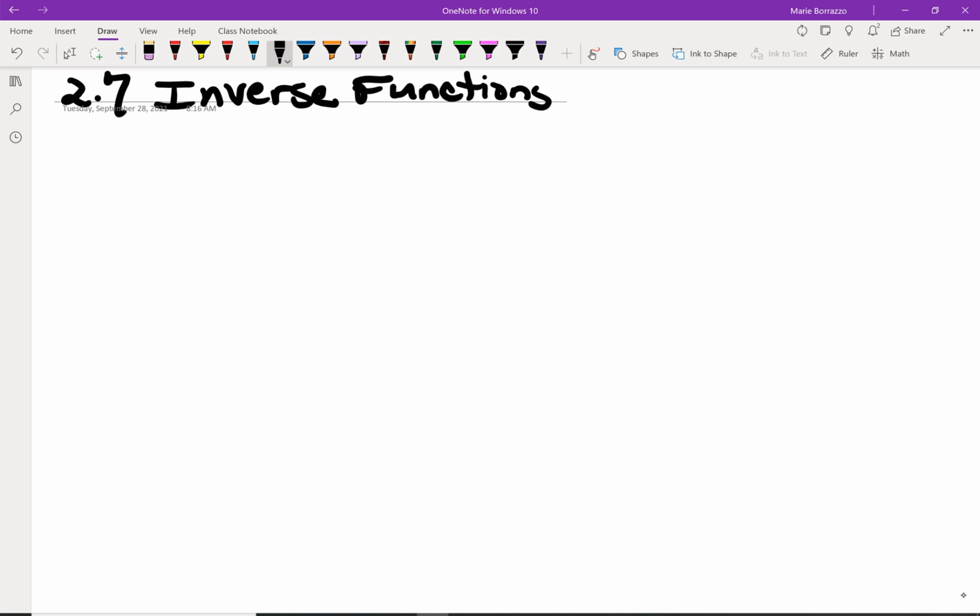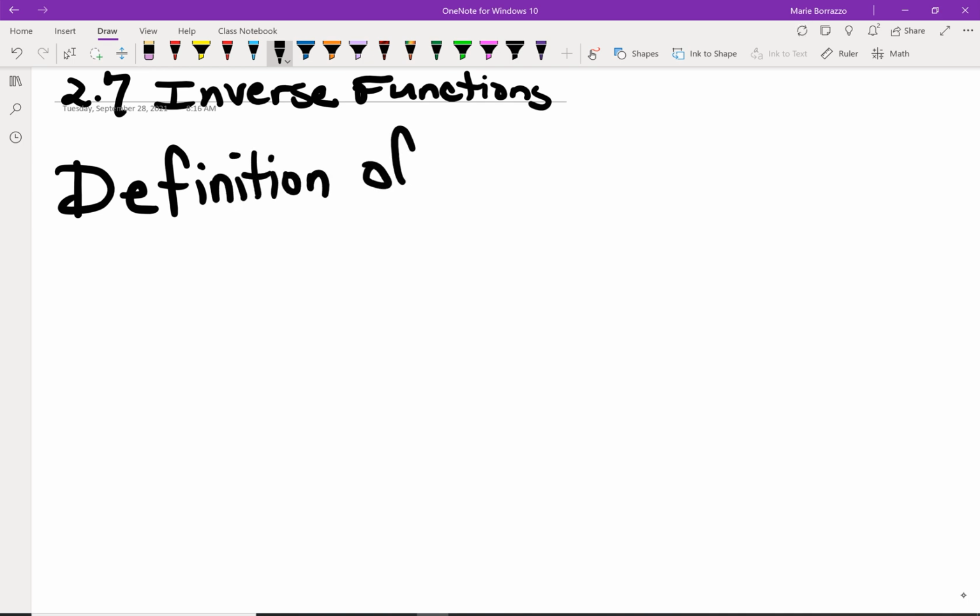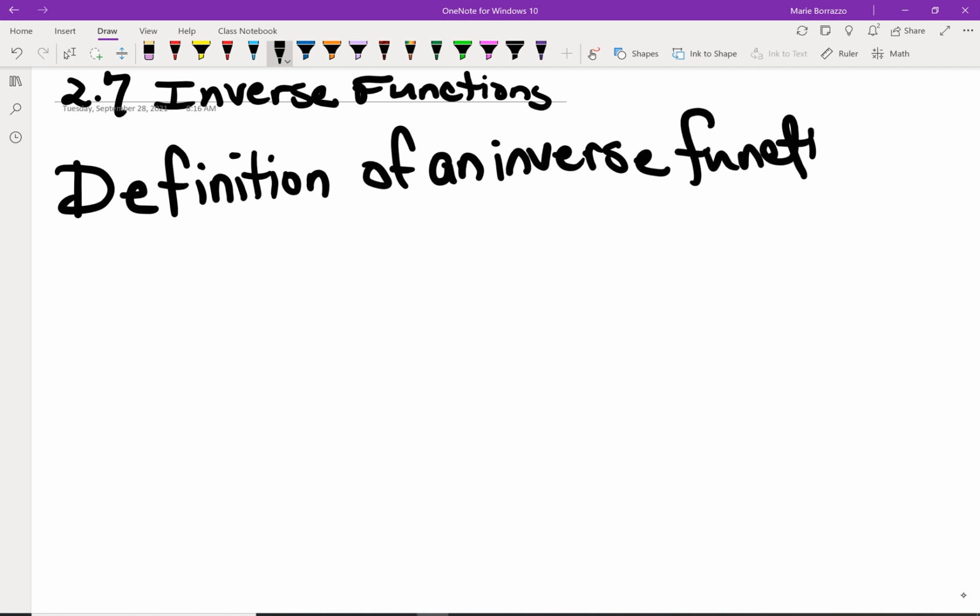So when it comes to the definition of an inverse function, it's as simple as, and we did discuss composite functions yesterday, in essence a combination of composite functions and what is the result.